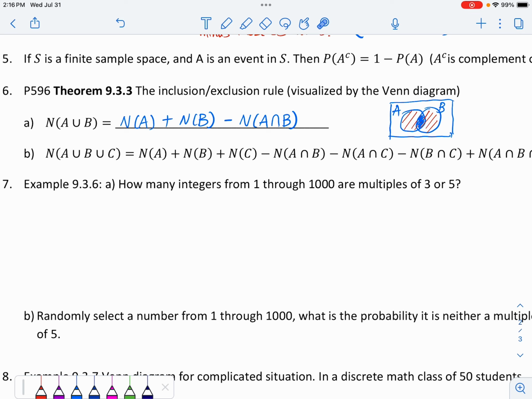When you count the elements in A union B, you add, but you need to subtract the portion that's been added twice.